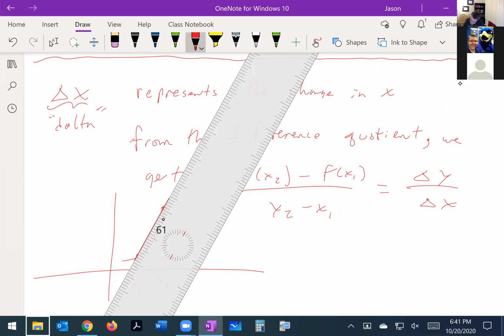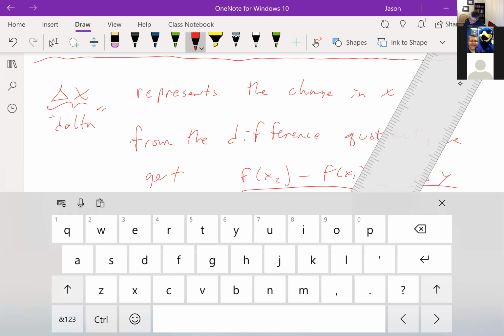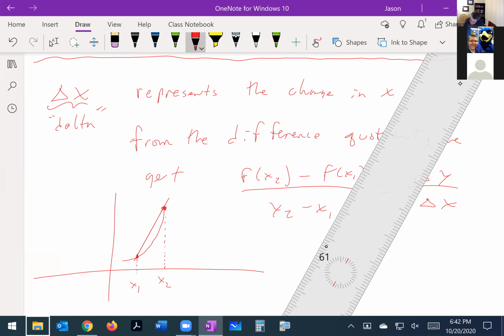Let's say boom. Boom. So this distance here we're going to call delta y. That's the change in y. This distance here we're going to call delta x.